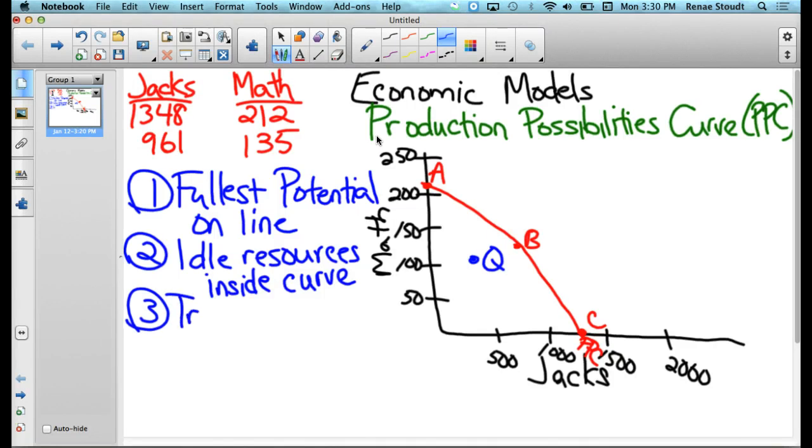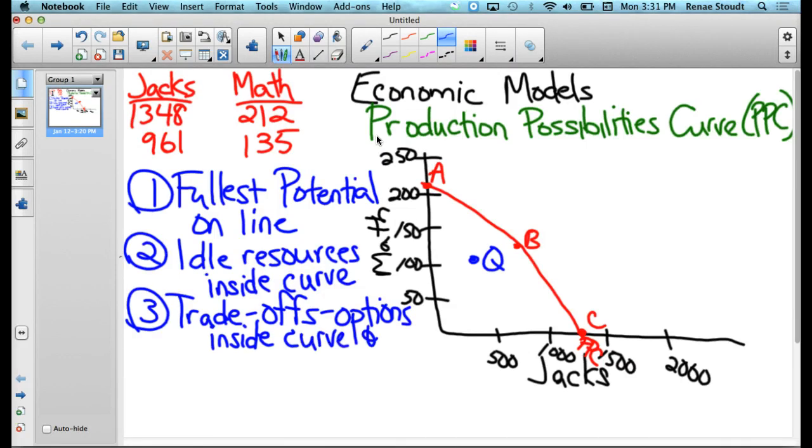our trade-offs. Now, if you remember, trade-offs are our options, our alternatives. These are our options for where we can produce. So, all of the possible combinations of math facts and jumping jacks are going to be anything inside the curve and on the line.